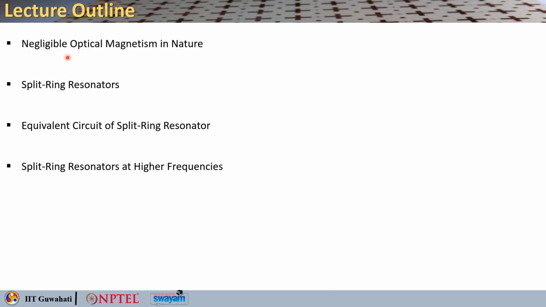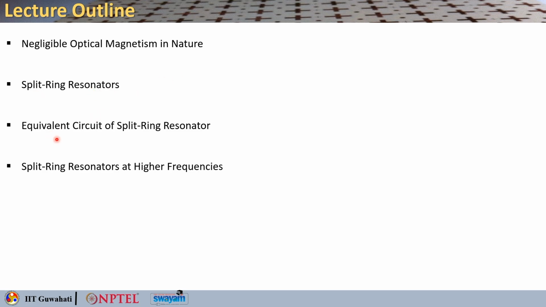Today's lecture will be discussing split-ring resonators and why they play a very important role in metamaterial design. First we will talk about negligible optical magnetism in nature, and then we will look into split-ring resonators, which allow you to have a considerable amount of permeability in the optical range, or even in the microwave range, mainly in the optical range.